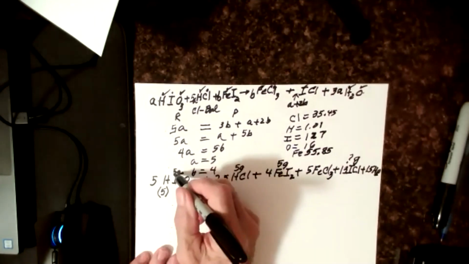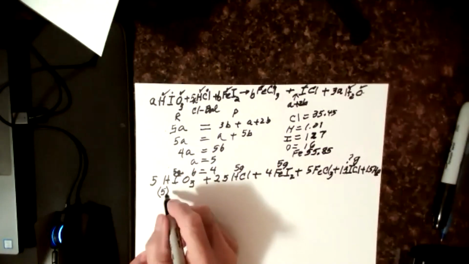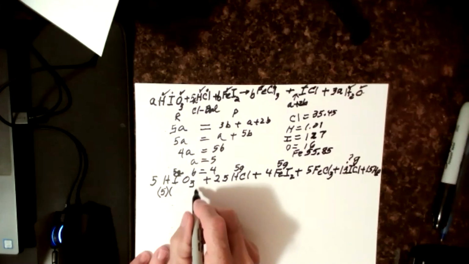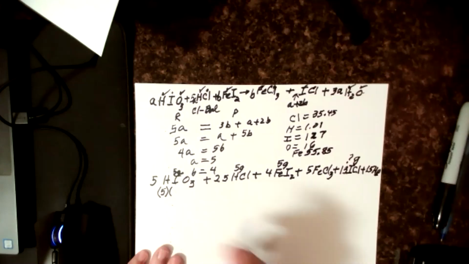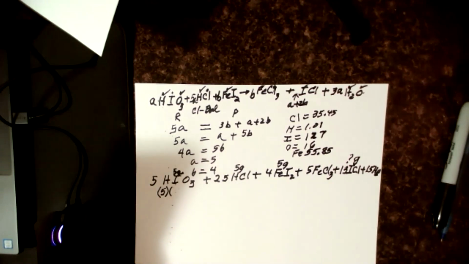Now, the rebalancing factor has the equation quantity in grams. So I need the molar mass of HIO3. So I'm just going to do that on my calculator. H is 1.01 plus iodine is 127 plus 3 times 16.